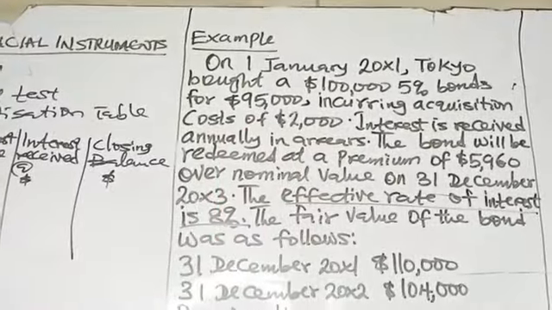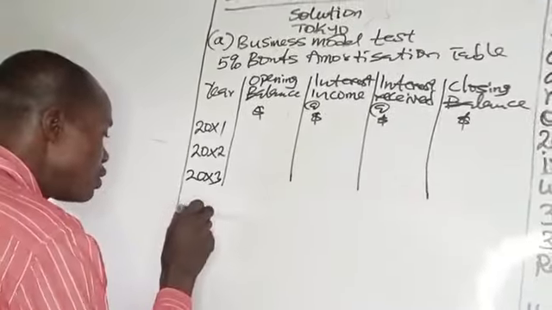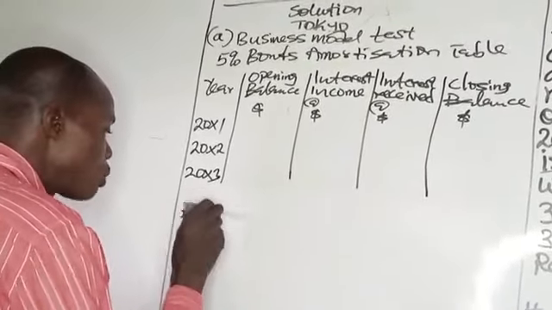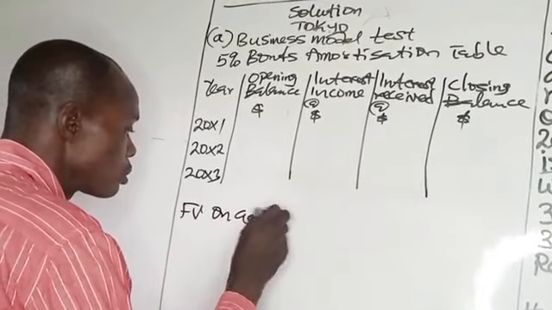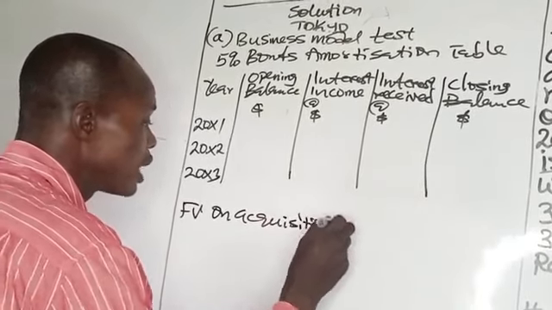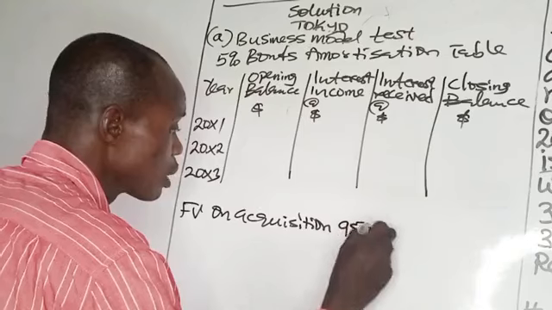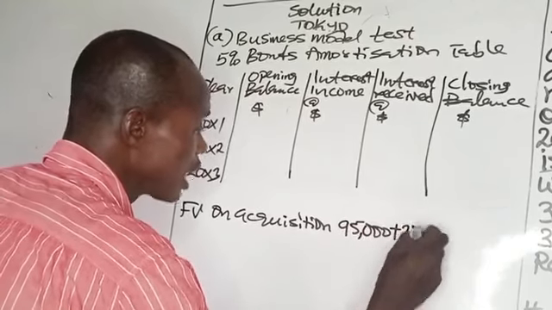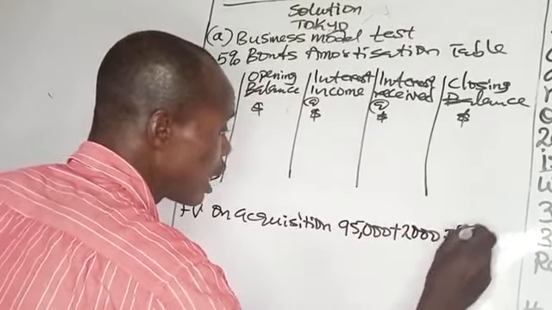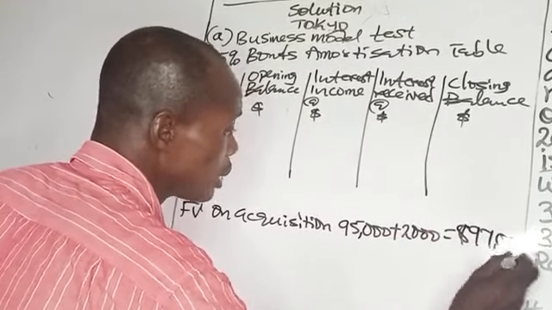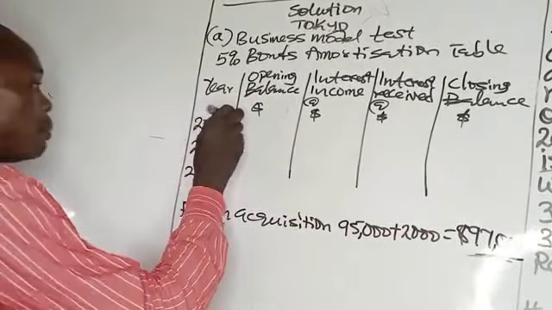So the fair value of the bonds on acquisition, which is $95,000 plus $2,000, gives us 97,000 US dollars. You have that as the opening balance.